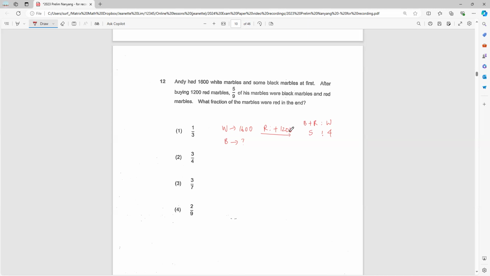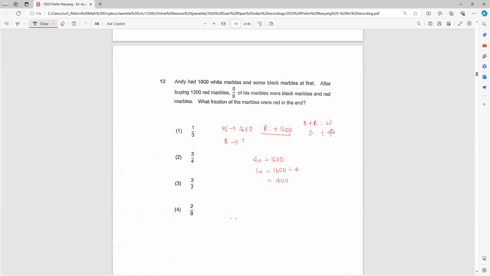If you look at this change, what didn't change? The white didn't change. White is 1,600. So this 4 units must be 1,600. Then we find 1 unit, which is 400. What fraction were red in the end?